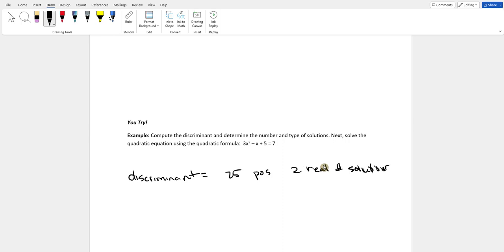And then when you actually solve this problem, you should get an answer of negative 2/3 and 1. Be careful with this problem. You need to rewrite this in standard form. So right now you have a 7 over there. You need to subtract 7 from both sides, so you'll have 0 over here to the right.